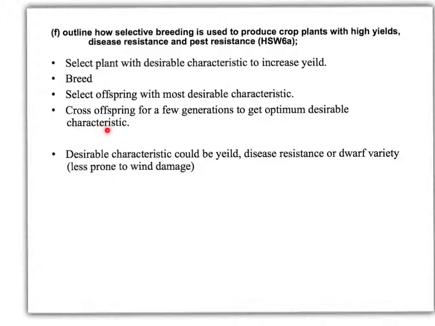If I illustrate that below, imagine a wheat plant. There are perhaps different types of wheat plant that we encounter. We might have dwarf wheat plants with low yield, small ears of grain at the top.